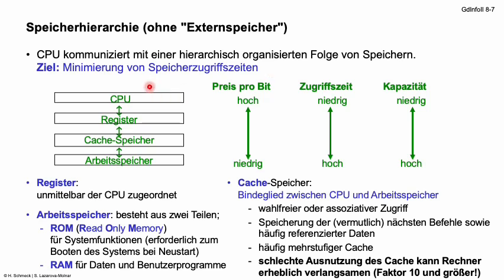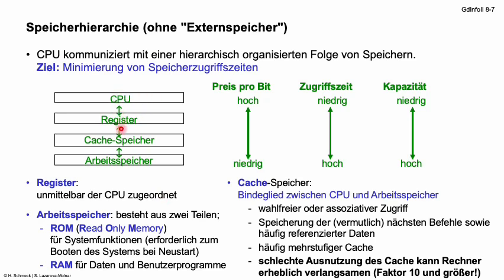Here we have a typical hierarchy, but there can be more cache memories, etc. The CPU in general has registers that are directly assigned to it, and it needs those registers for performing the operations.